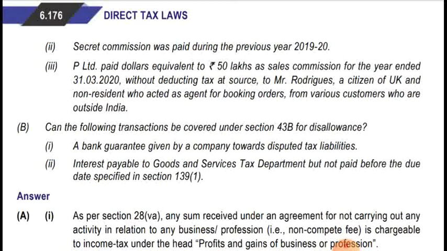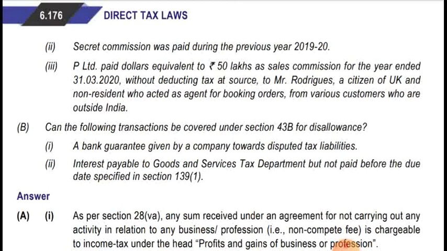So P Limited is paying rupees 50 lakhs as commission outside India to Mr. Rodriguez. The commission is paid to a person who is not a resident, and he is booking orders from outside India only.